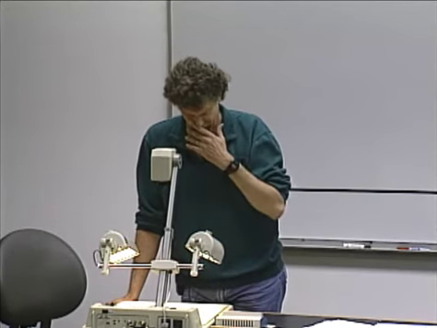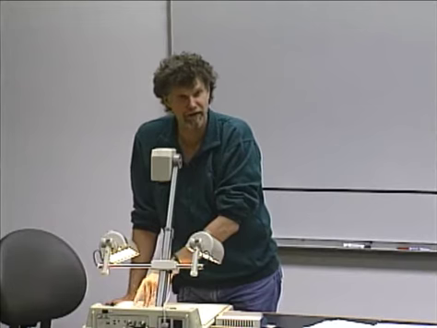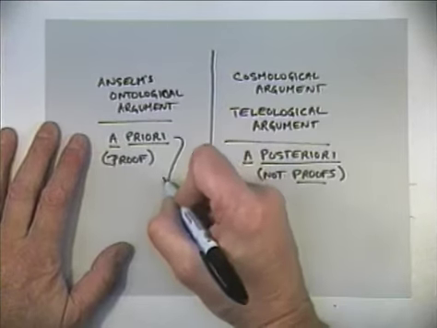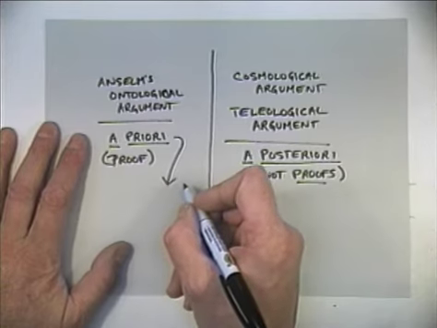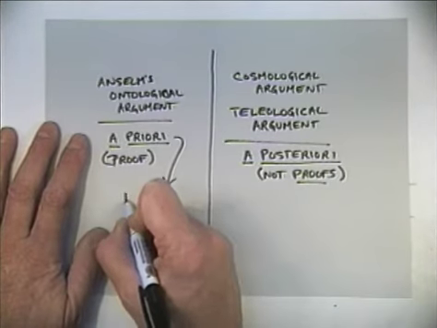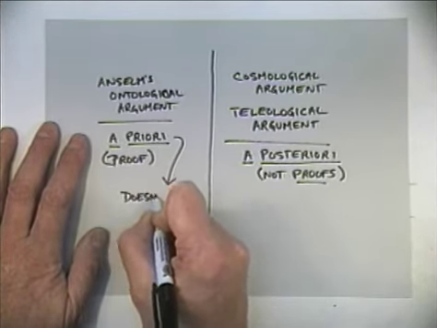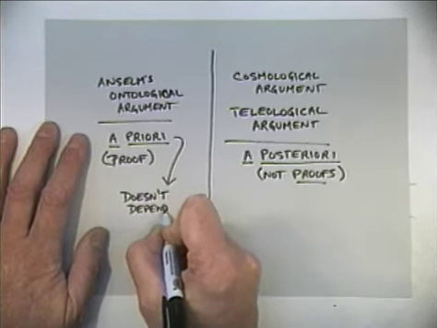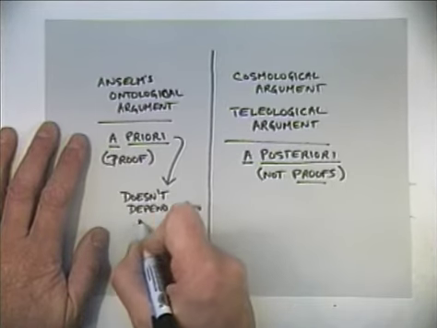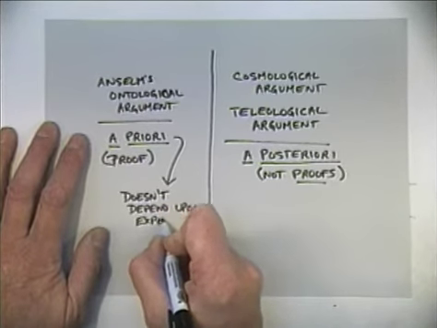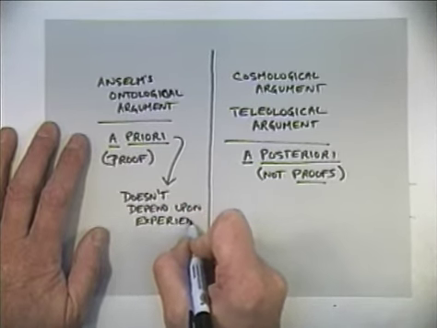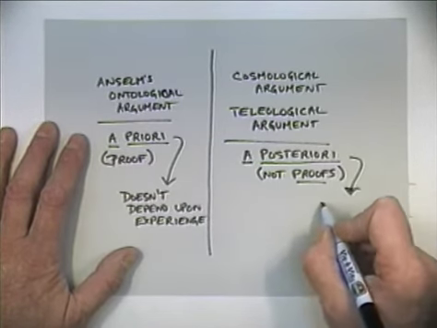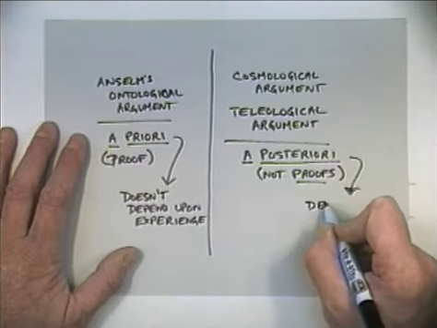All these things would share the same characteristic. You can talk about a posteriori knowledge, a posteriori arguments. What they all have in common is that the a priori stuff doesn't depend upon experience, whereas a posteriori stuff does.